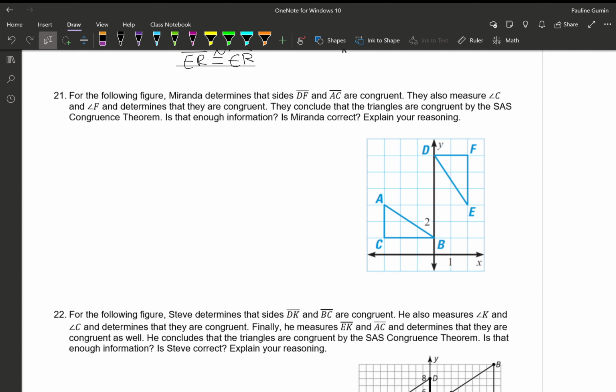Okay, for the following figure, Miranda determines that sides DF and AC are congruent. I'm going to mark it right away. DF and AC. They also measure angle C and angle F, and notice that they're congruent. Angle C, angle F. Then they conclude that they're congruent by SAS. Is that enough information? Is Miranda correct? So the thing is, not enough info, but she's right.